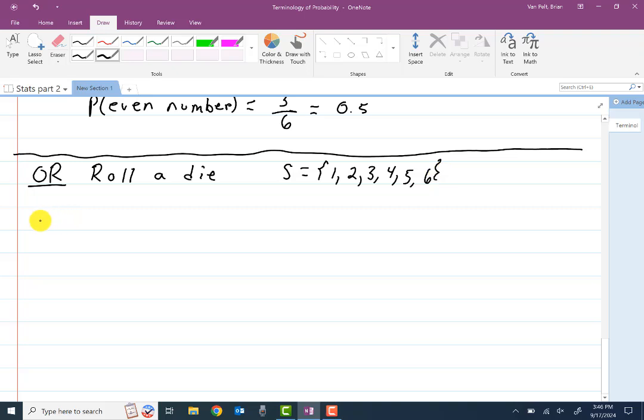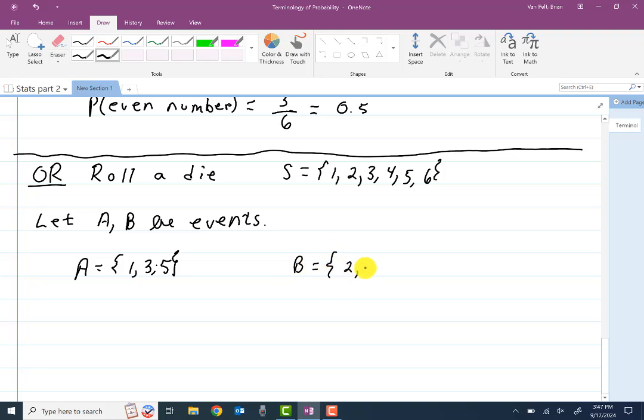Now I'm going to let A and B be events. And furthermore, I'm going to tell you what they are. A is the event of getting any one of these 3 numbers, and B is the event of getting any of these 3 numbers.